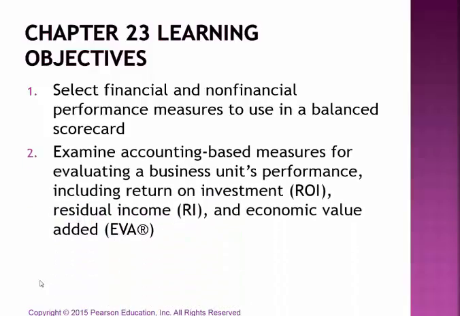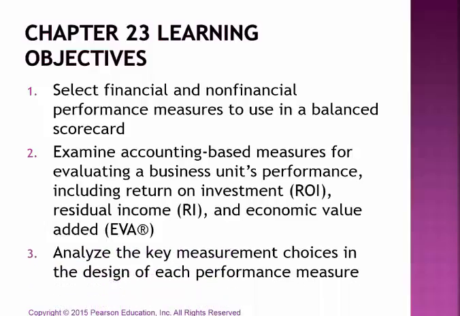We will learn how to calculate some measures. Do be able to perform these by yourself. Therefore, being prepared for the test over Chapters 19, 22, and 23. I can assure you, you will be calculating ROI, RI, and EVA on the test.